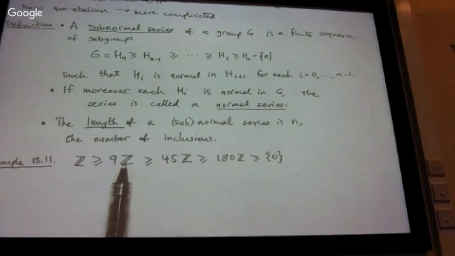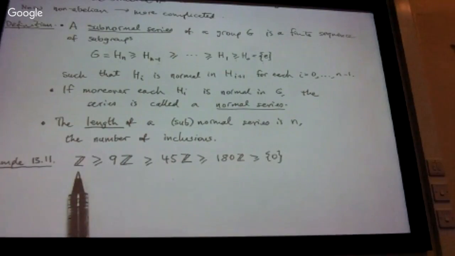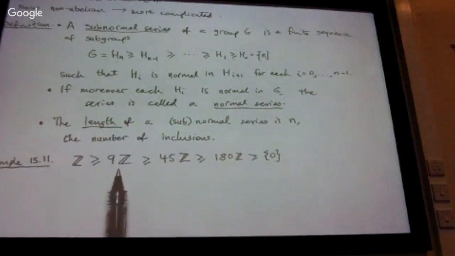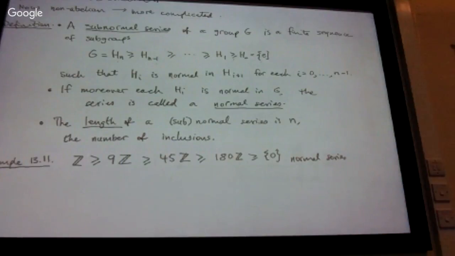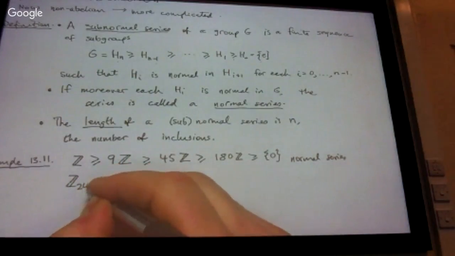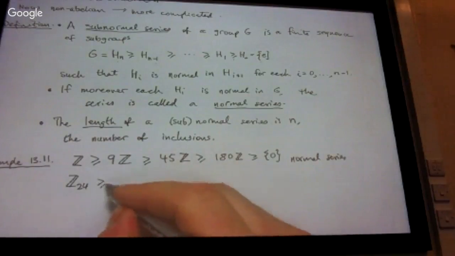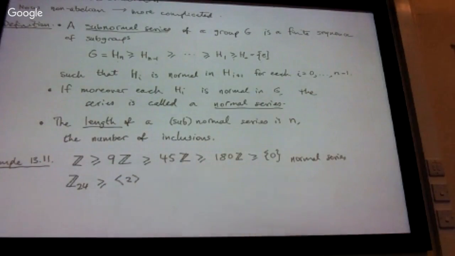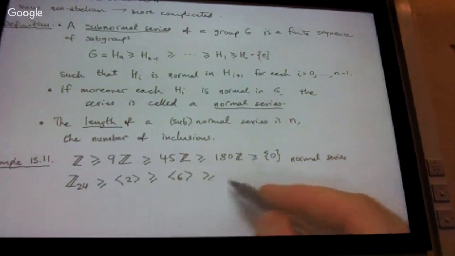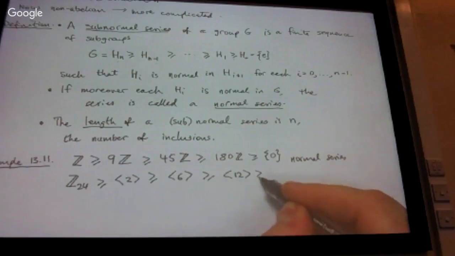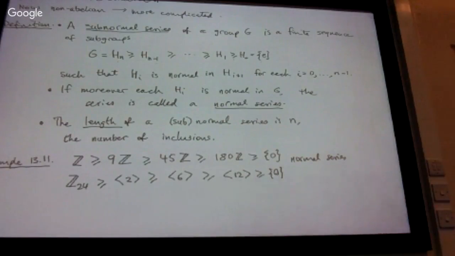Is that normal in Z? Everything is normal in an abelian group, so that's normal, that's normal, that's normal. So that's not very interesting because they're abelian. If you take something like the cyclic group of order 24, and you take all the multiples of 2, all the multiples of 6, all the multiples of 12, and just the identity, that's also a normal series.